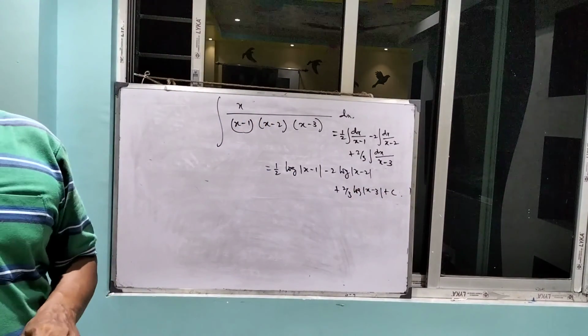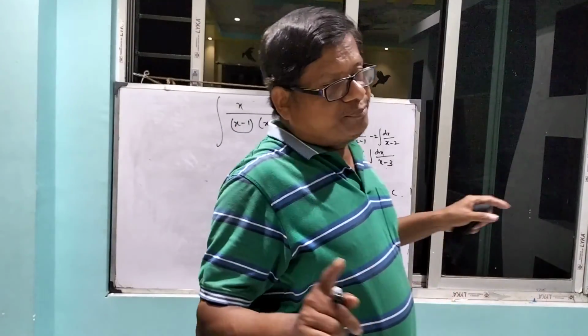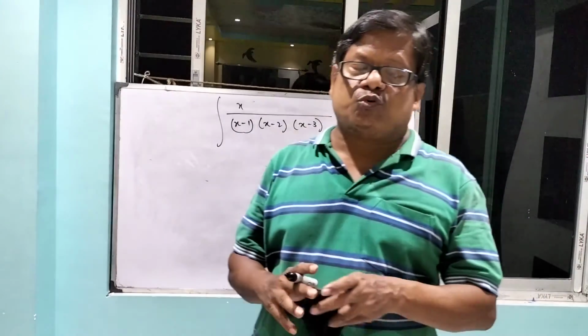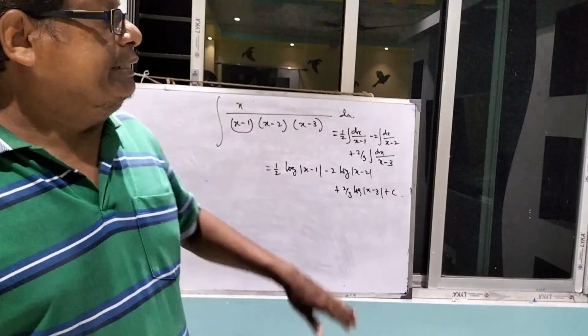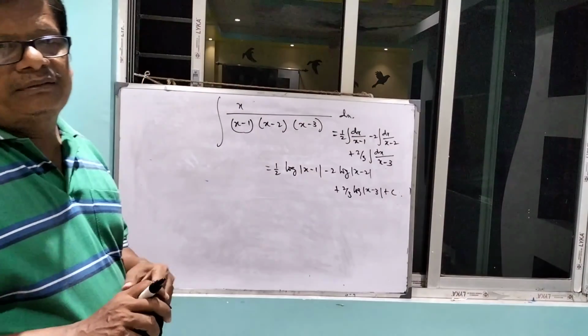Okay, if the denominator has factors, a product of 2 or more quantities, then you have to solve it like that.